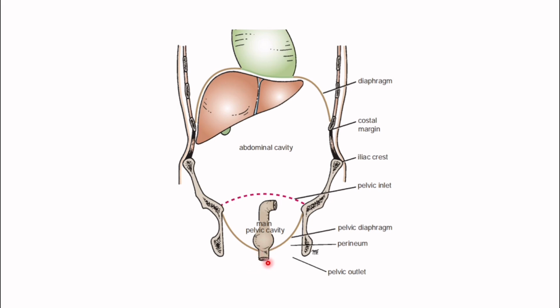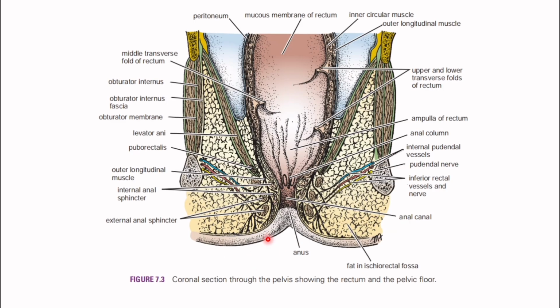Then it will be continuous with the anal canal. Another viewpoint: these inward foldings are called the transverse folds of the rectum. We have two on the left and one on the right. They temporarily store the fecal matter as it is passing into the anal canal.